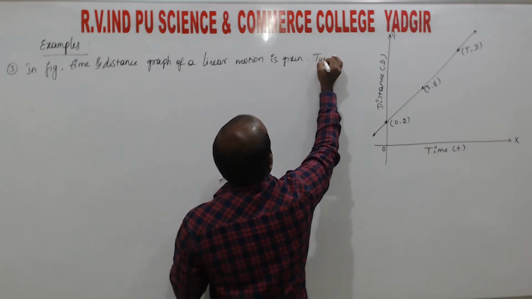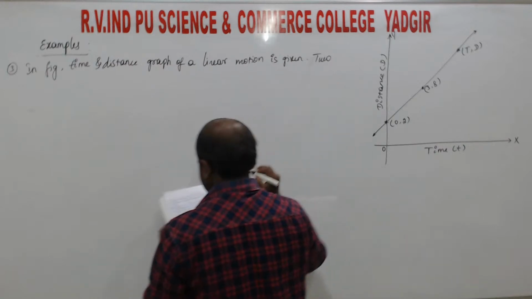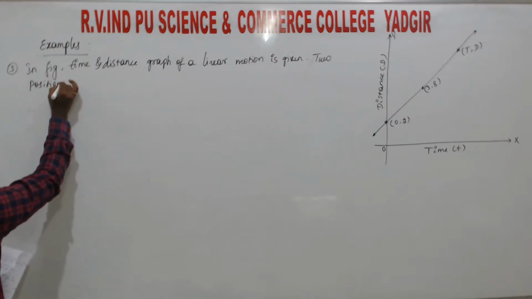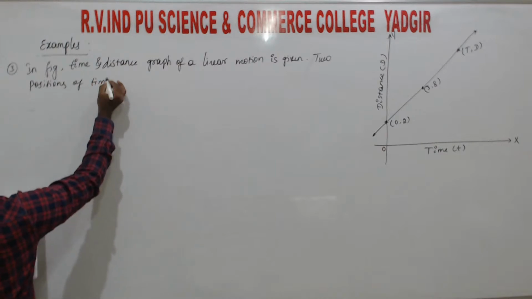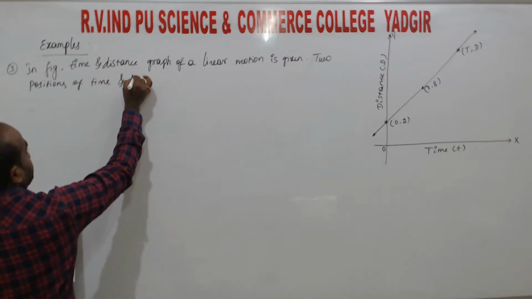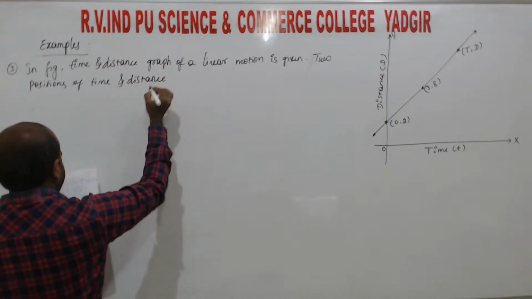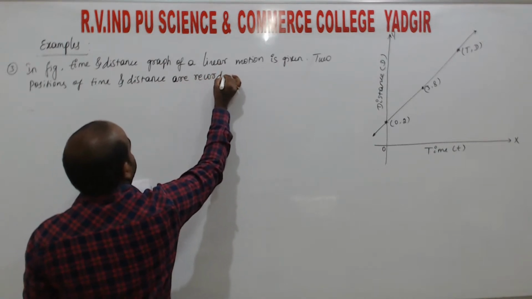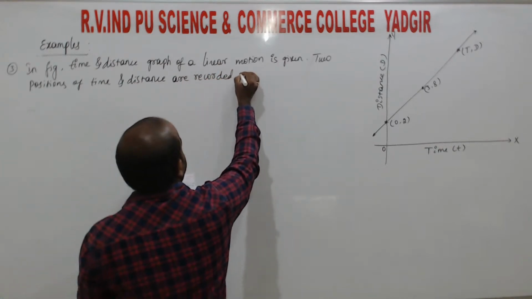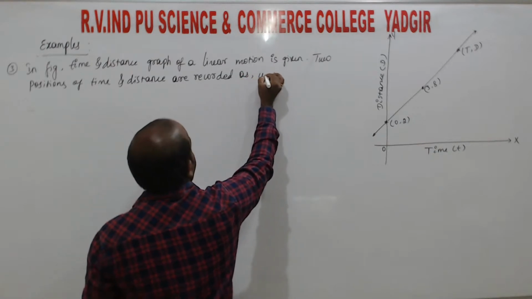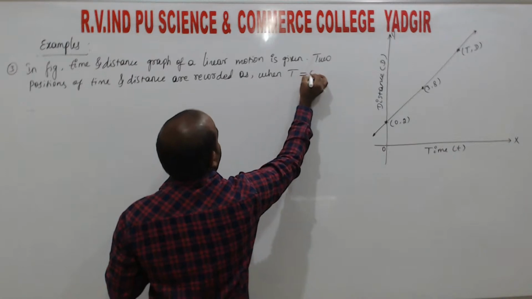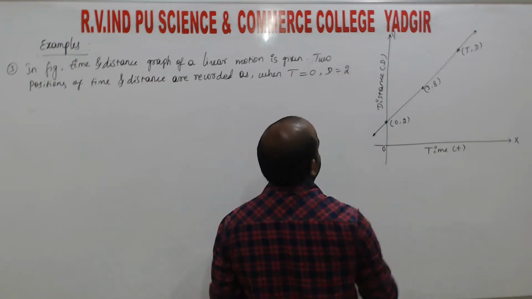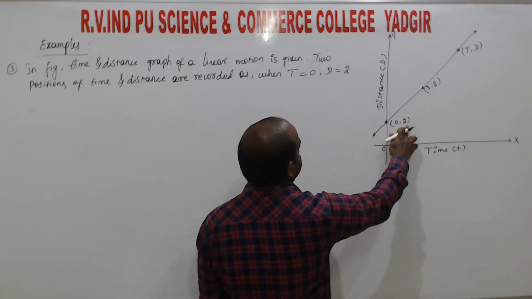Two positions of time and distance are recorded as: when t equals 0, d is 2.